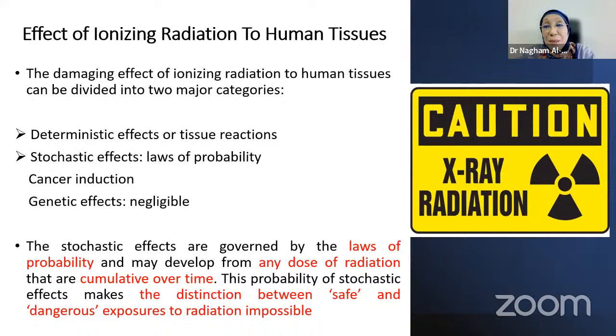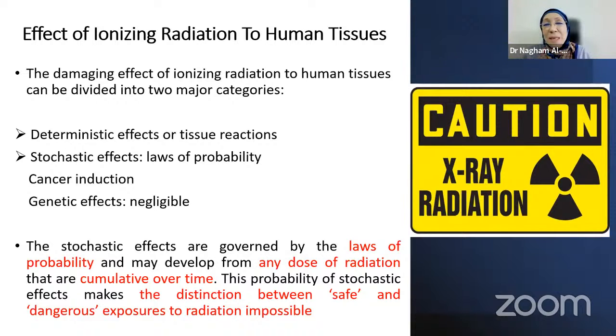So the deterministic effect is something we can assess. However, the stochastic effect is governed by the laws of probability, and it may develop from any dose of radiation that is cumulative over time, any dose above zero.